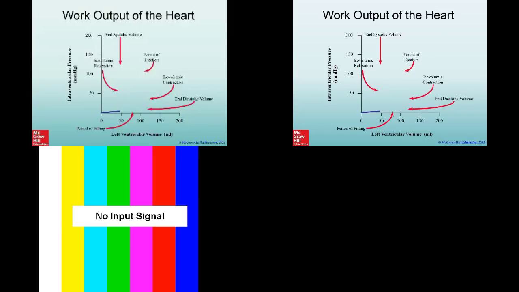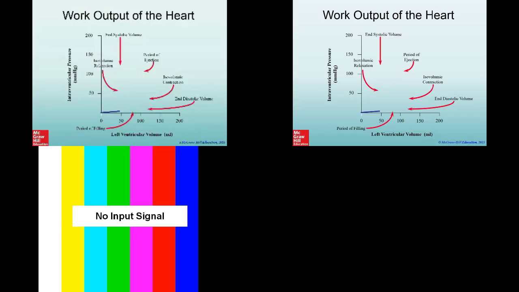All right, you've just finished the last cardiac cycle, and now you're starting to fill with blood. So this is the period of passive filling. So while passive filling is occurring, you would expect an increase in volume. But not much of an increase in pressure, right?